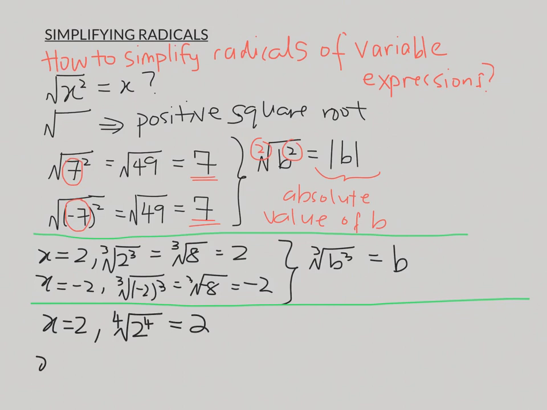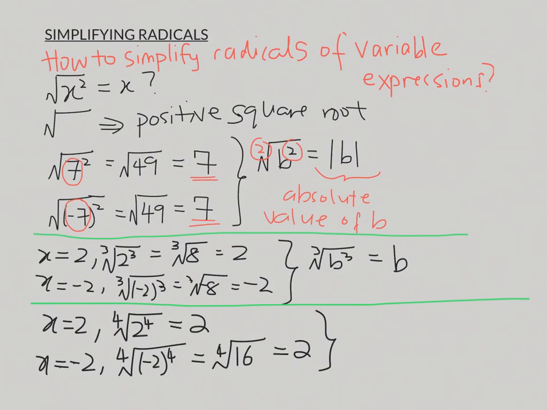And when x is equal to negative 2, the fourth root of negative 2 to the 4th is equal to the fourth root of 16, and that equals 2. Again, for this case, if we have the fourth root of b to the 4th, we need to put the absolute value of b, because we are taking the principal root and it has to be positive.